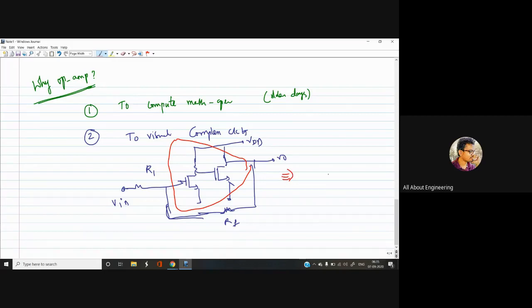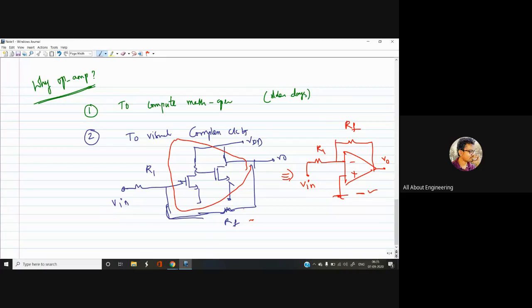or you can visualize this complex circuit like this, a negative feedback. Don't worry, I will teach you, but just as a point on why an op amp is required, you can interpret this, that's all. Don't go deep into whether the circuit is absolutely correct or not. But see how simple it is to solve this circuit compared to solving that circuit.